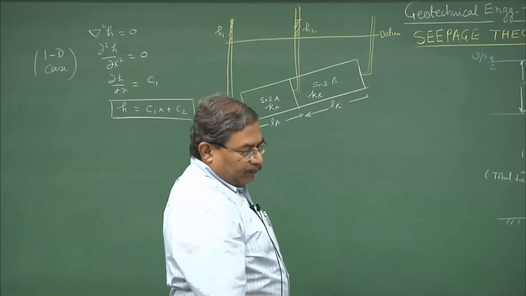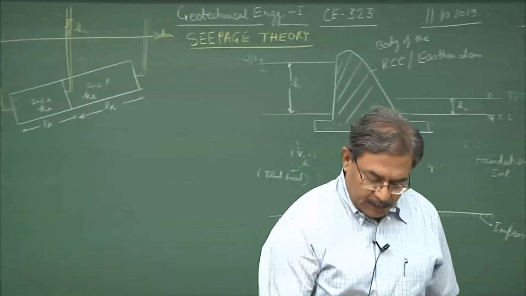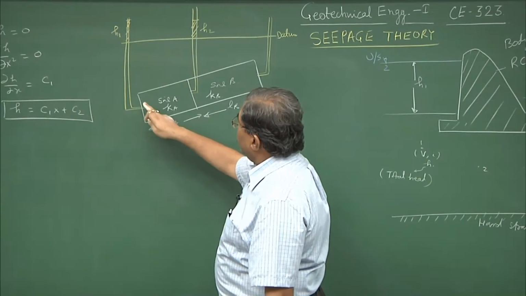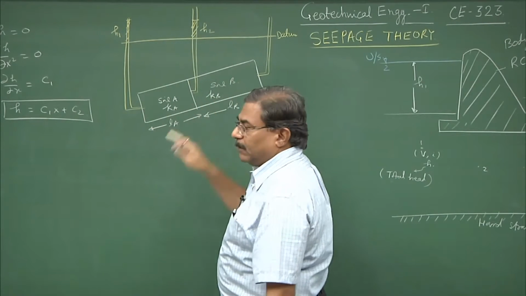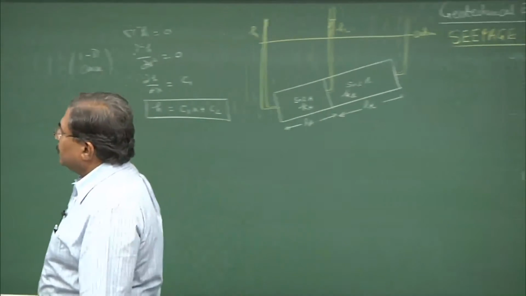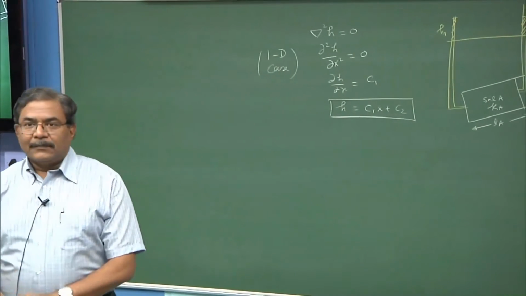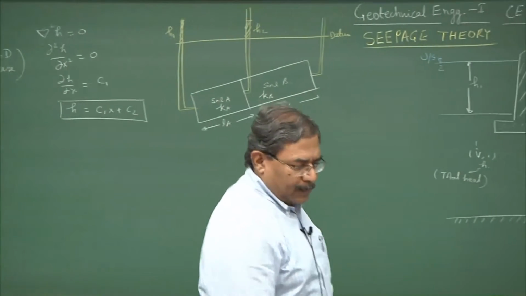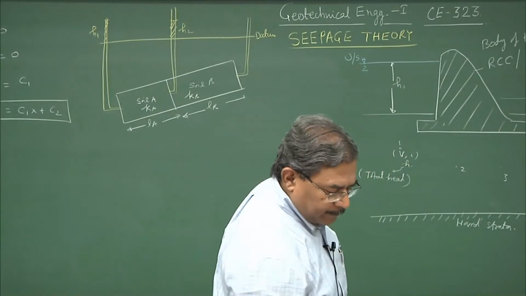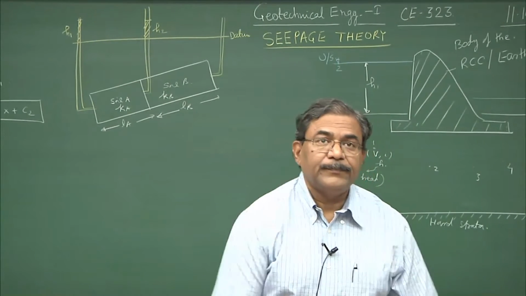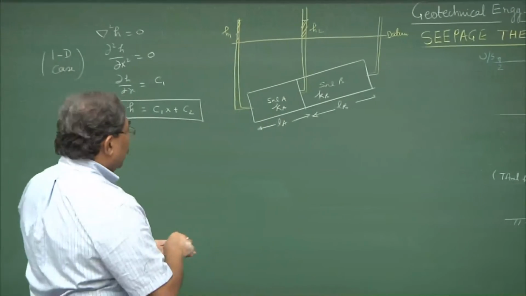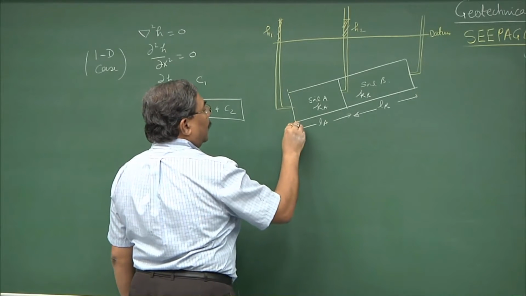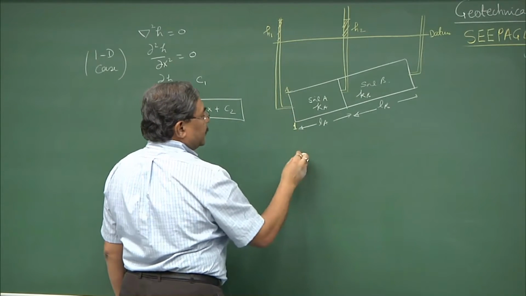Now, try to find out the discharge and the hydraulic gradients which are existing in the soil mass A and soil mass B of different lengths. So, let me introduce the concept of equipotential lines here and flow lines. I can assume 1 1 as the equipotential line.